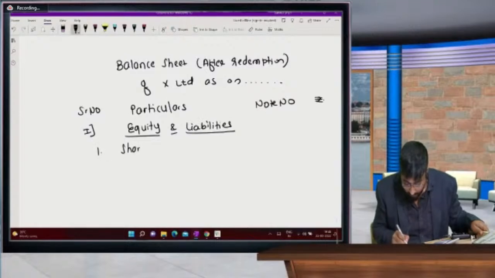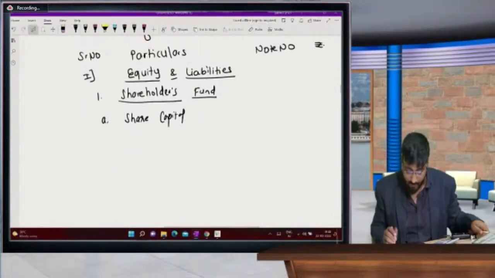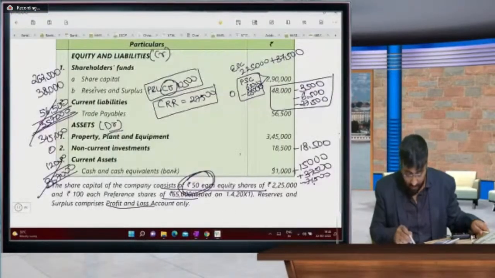1. Shareholders fund. A, share capital. See, follow this sequence.